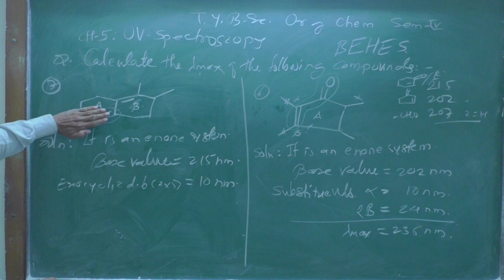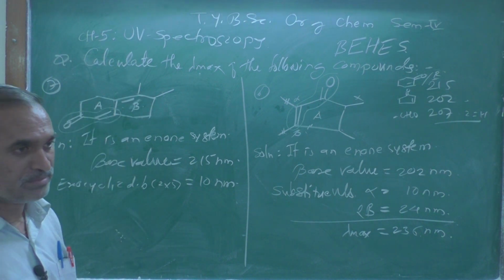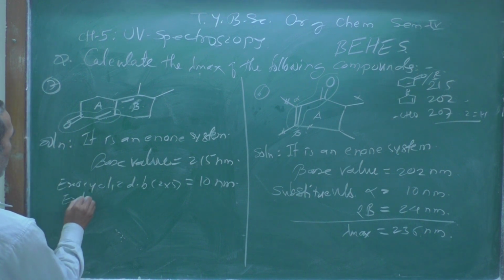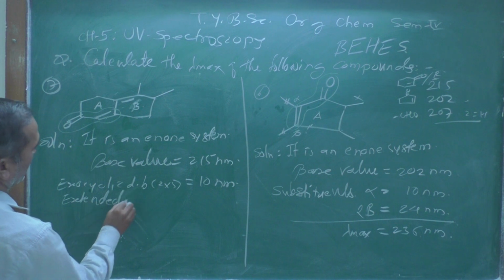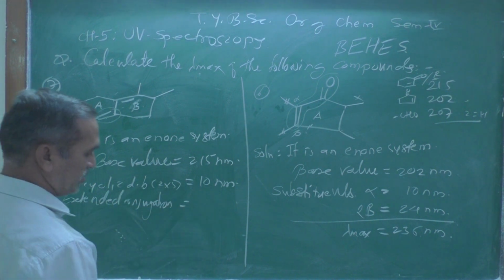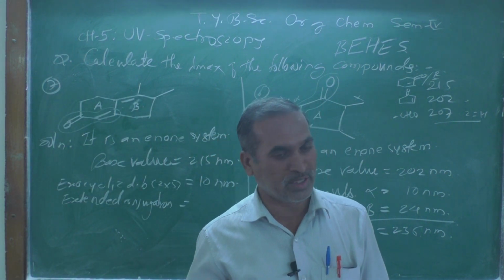Yes. Look, this is a diene system and there is an extra double bond present, and therefore here you can write extended conjugation, and if extended conjugation is there, how many nanometers can you add?